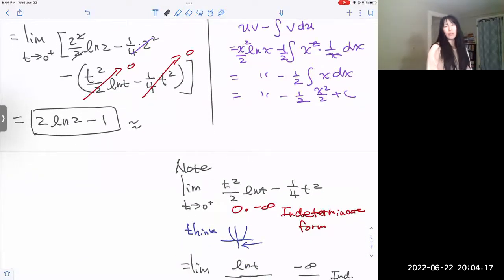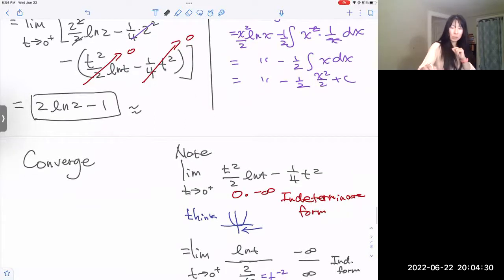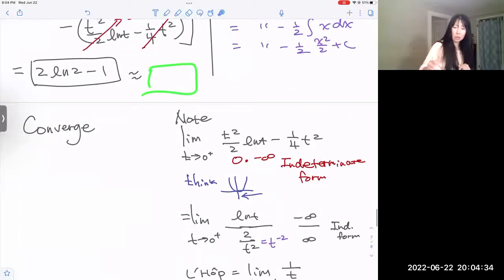So is it converging or diverging? It's convergent because we get a definite number. Good. So I'm waiting for someone to make an approximation, decimal, please.